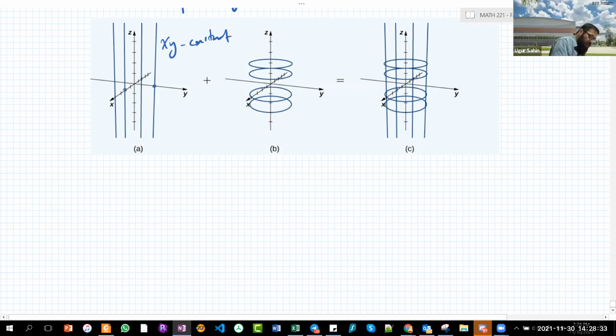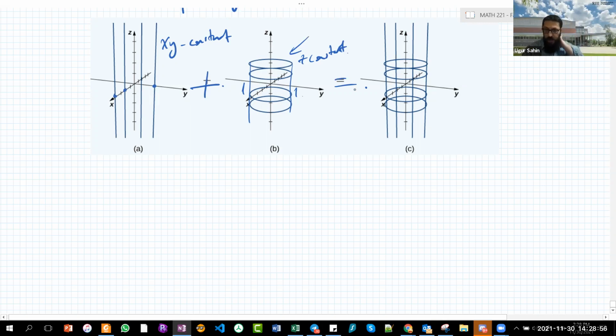X and y are constant values, and z is increasing or decreasing by v value. But look at here, these are all circles, their radius is 1, z constant here. So to get a better picture, you need to combine both.